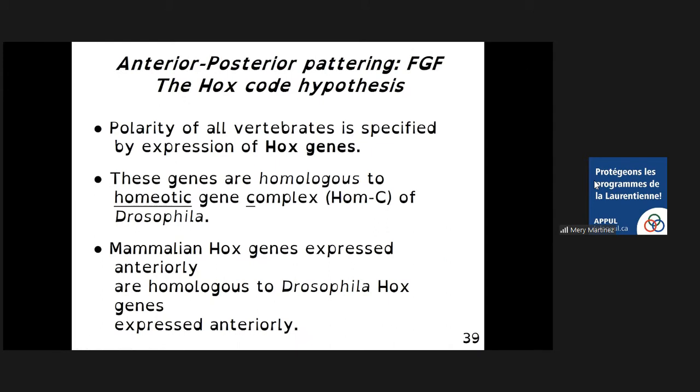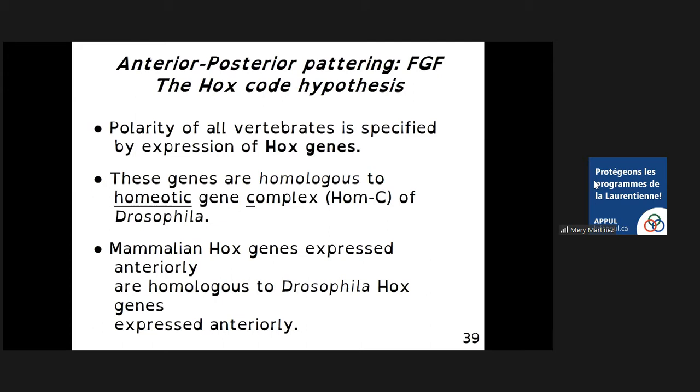Now, once gastrulation begins, the anterior-posterior polarity of all vertebrates becomes specified, and that is made through the expression of the Hox genes. We have already talked about these genes that play a role and are the same type of genes in all individuals, right? Because we look at it in Drosophila, but we also see it in vertebrates.